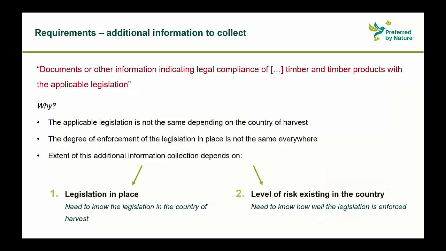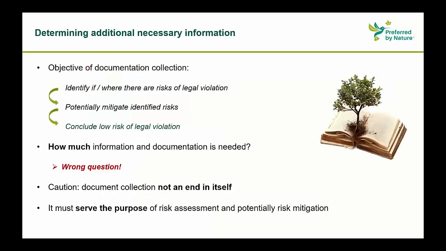Well, the applicable legislation is not the same depending on the country of harvest, and the degree of enforcement of this legislation is also not the same everywhere. So the extent of this additional information collection requirement will depend both on the legislation in place and the level of risk existing in the country regarding the application of this legislation, right?